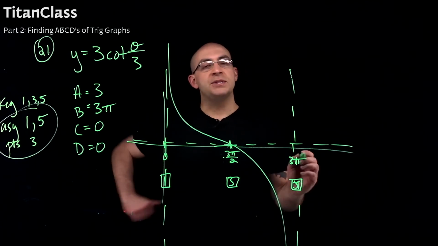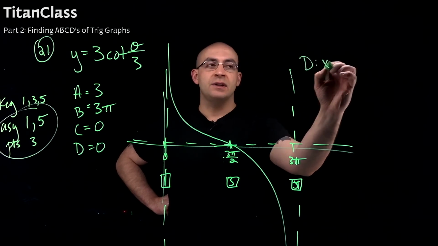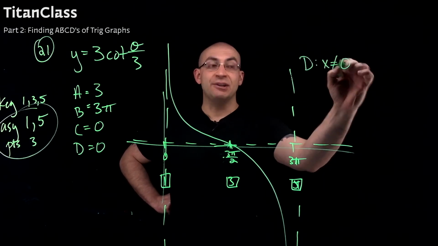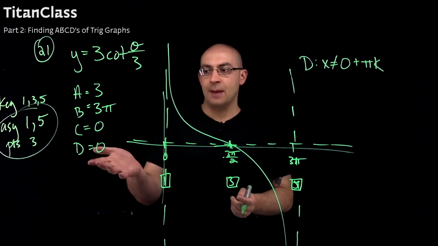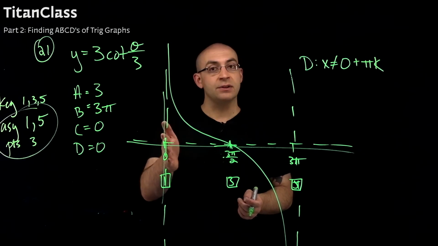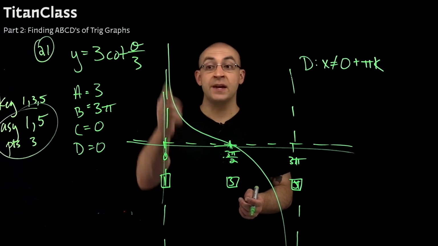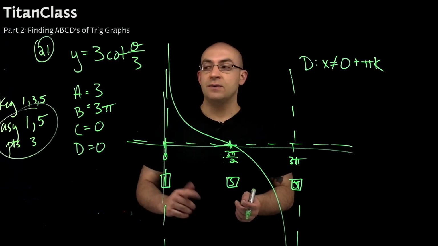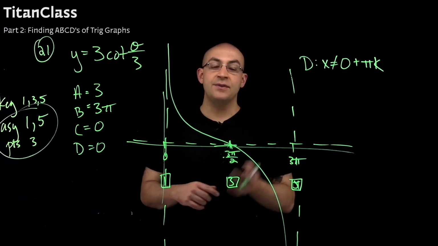Now again, when we talk about values of its domain that it cannot be, the domain is really where x cannot be 0 plus pi k. So take a look at what's happening here, for example. When we have no phase shift, that means that the original value or the first value that we have is 0, or the first plottable value is 0. Clearly there's an asymptote at 0. That means that we're going to have every interval of pi that is going to be here.